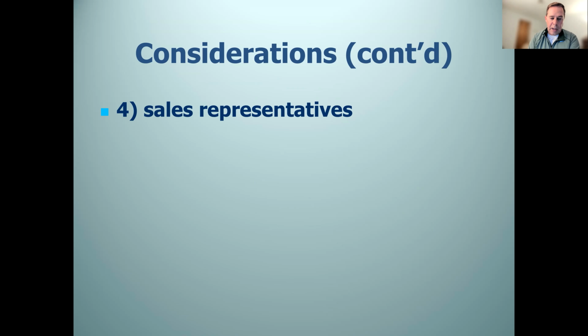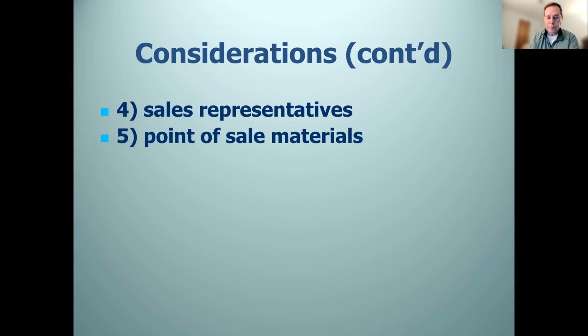But your casket representative can really be a partner. They'll understand their product line very well, and especially when you have some sort of an oddball request, they can be very, very helpful. So having a good relationship with them and making sure that they're reachable and so forth is very important.